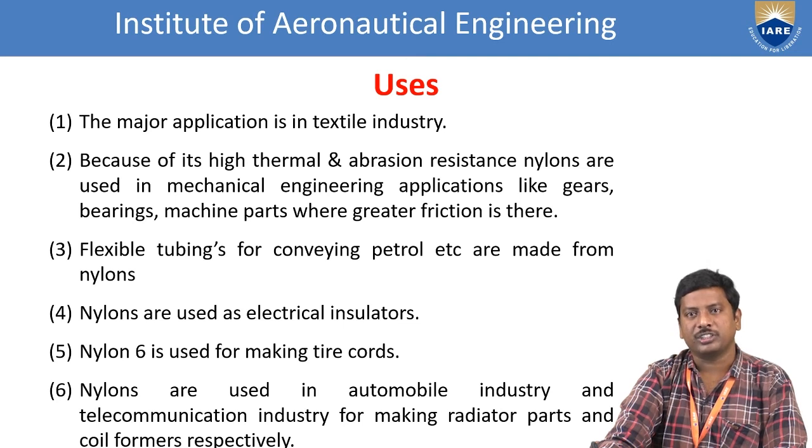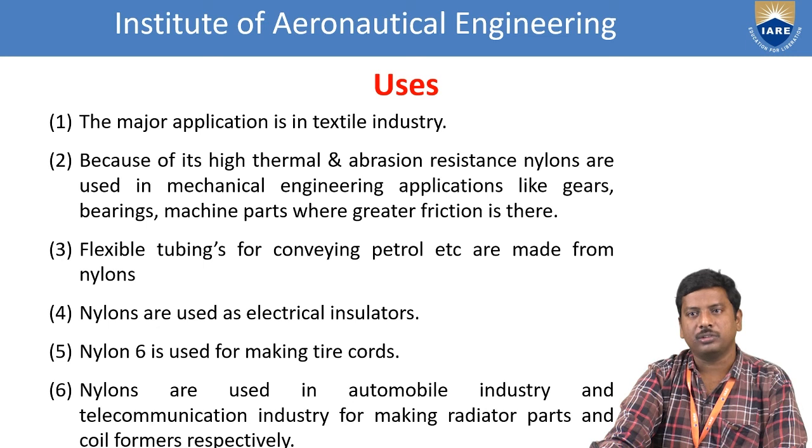The first one, the major application, is in the fabrication industry, nothing but the textile industry. Because of higher friction, nylons reduce the friction present in machinery parts, so they are used as high thermal and abrasion resistant materials in mechanical engineering applications like gears, bearings, and machine parts where greater friction is observed.